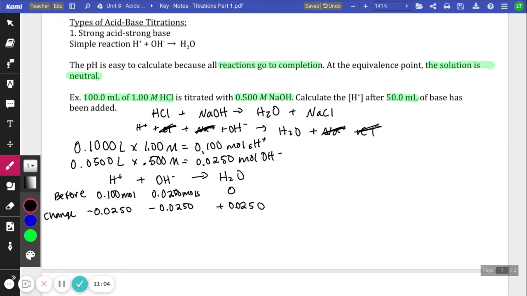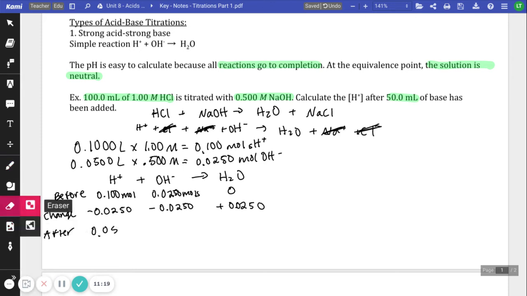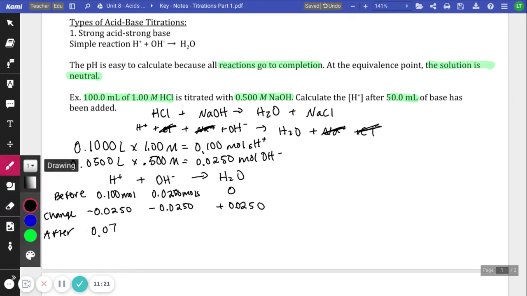So then after, just subtract them. 0.1 minus 0.0250 gives me 0.0750 moles of hydrogen. It should have consumed all of my hydroxide, and then I have 0.0250 moles of water.